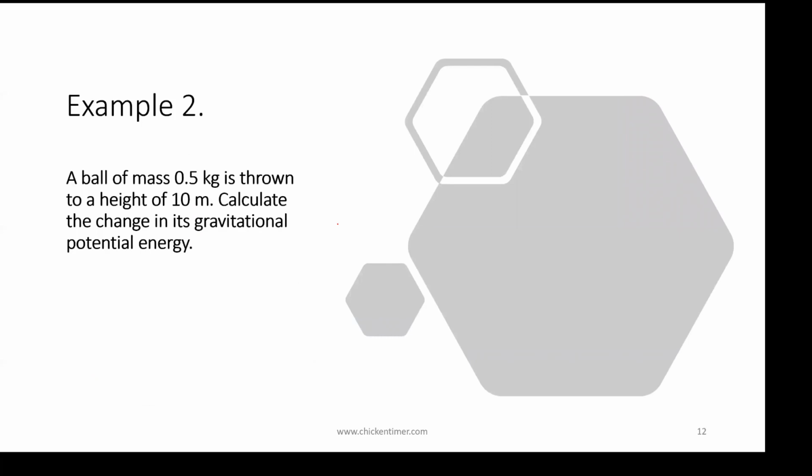Example 2. We have a ball of mass 0.5. Then it's thrown to a height of 10. Then they say change in GPE. Triangle means change.